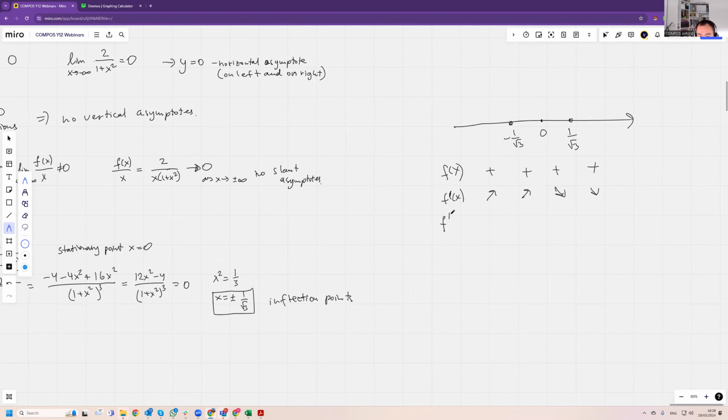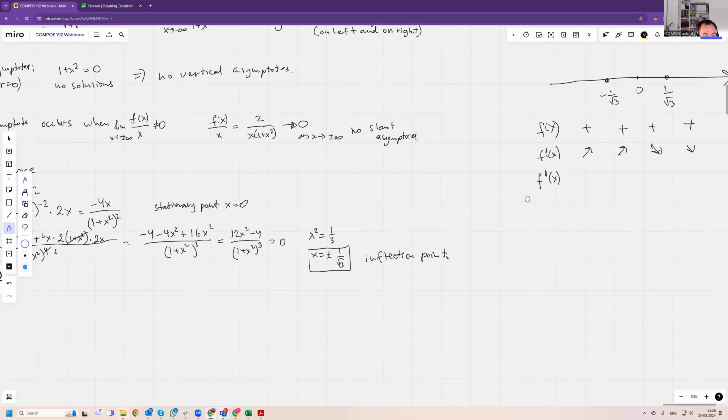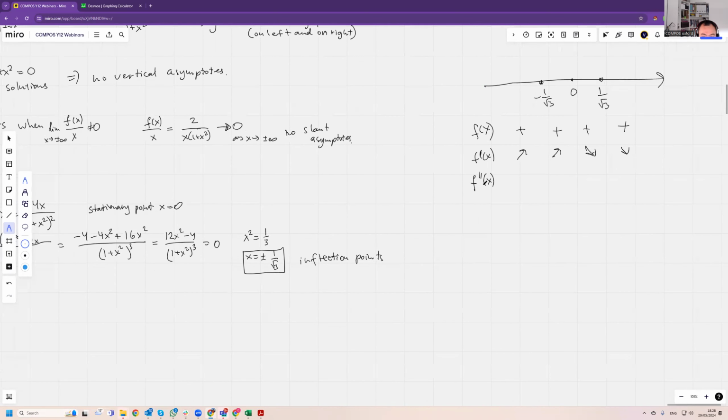And then the second derivative is positive, so it's like this, then like this, then like this, then like this. So positive, positive, negative, negative, positive. Just looking at this expression.